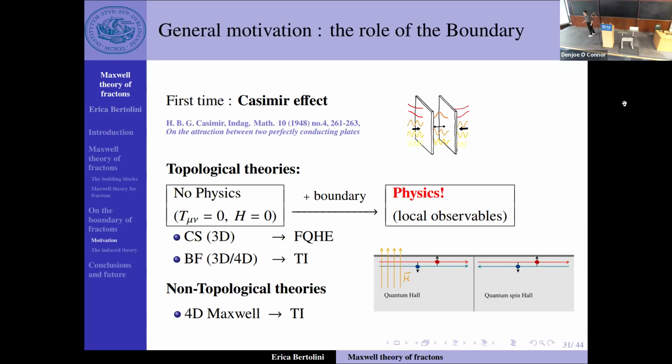So was it obvious the theory was unitary? You just told us about the classical theory, but it wasn't obvious to me that you had a unitary theory here for the quantum evolution. So the question is, is your fracton theory unitary? Does it have a ground state? Is the energy bounded from below? There are lots of quantum questions. Yeah, there are lots of things to do, but surely it's bounded from below for the energy density.